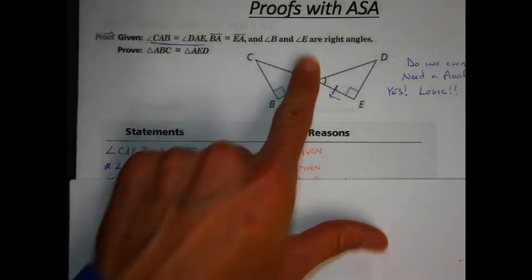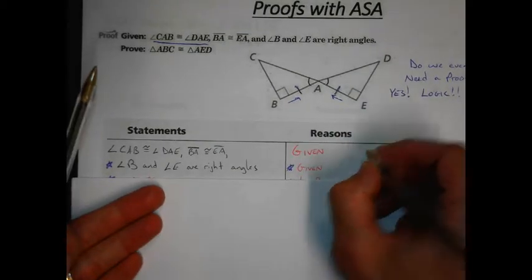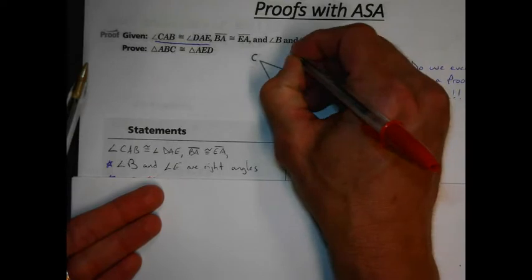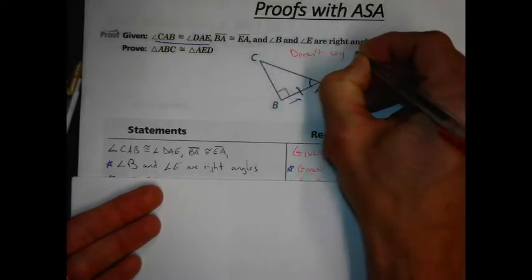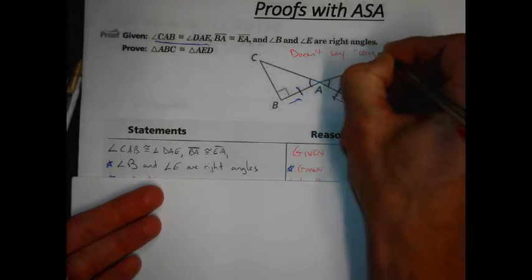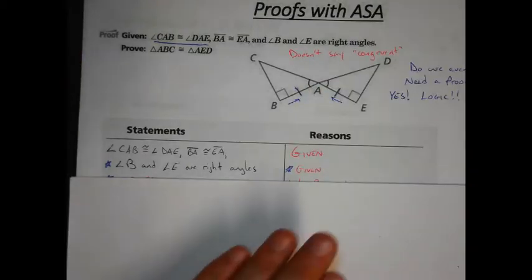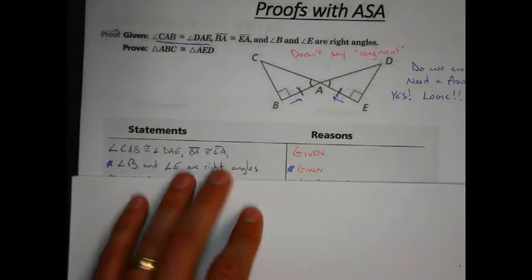This doesn't tell us angle B and angle E are congruent. It doesn't say they are congruent, and that's important. We have to establish that for angle, side, angle. That is a huge logical step. So this given statement doesn't say congruent.